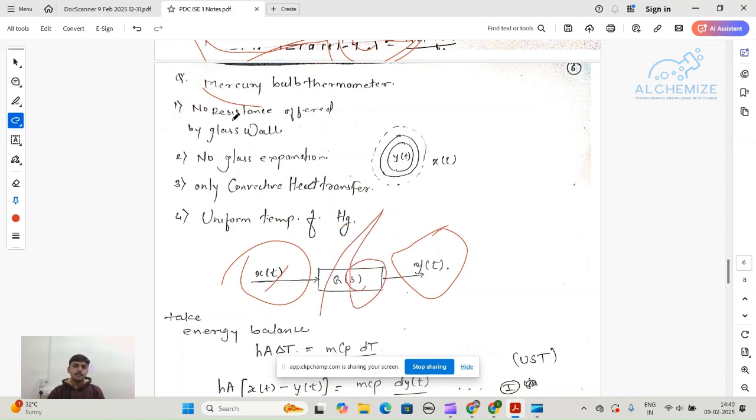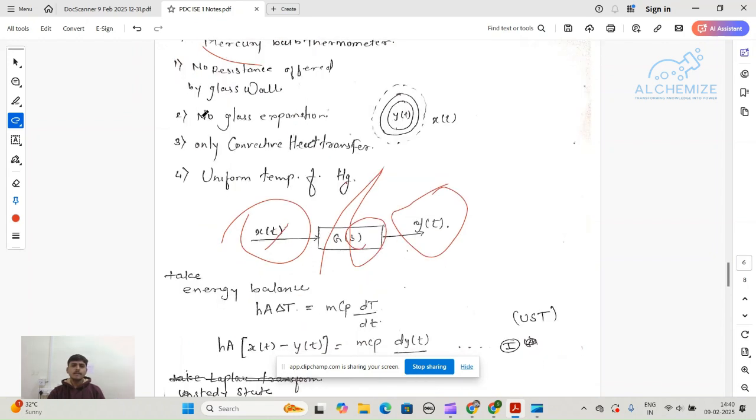So let's make some assumptions. The resistance of the glass is zero, no resistance offered by the glass, no glass expansion of the mercury bulb thermometer is there, and we will consider only convective heat transfer, not conductive heat transfer.